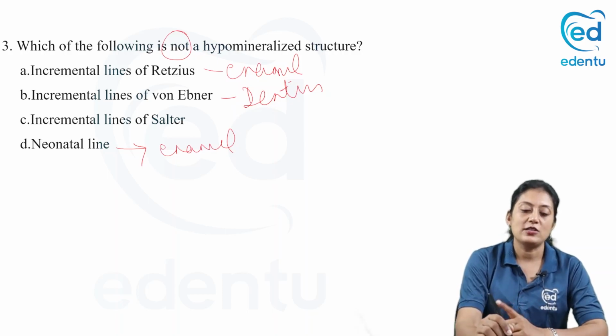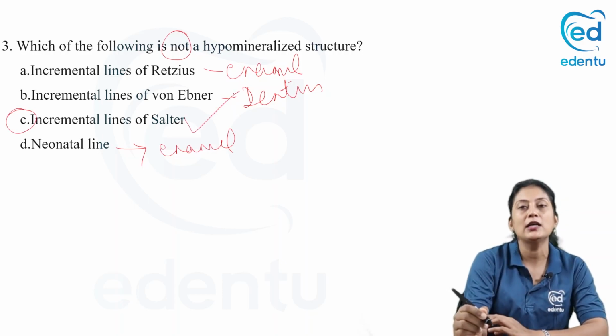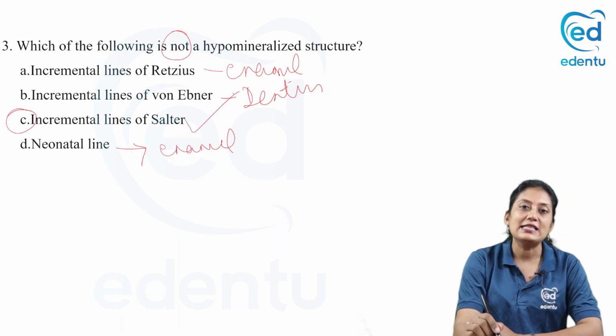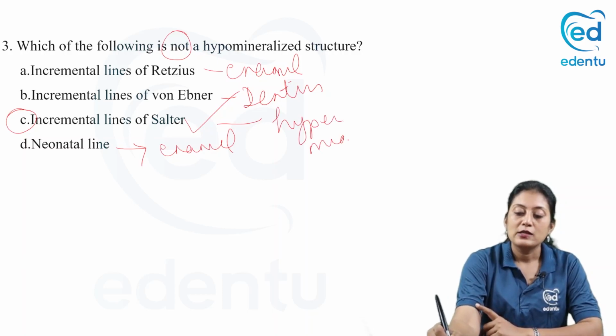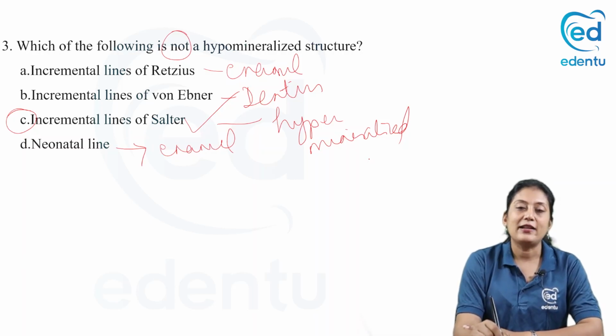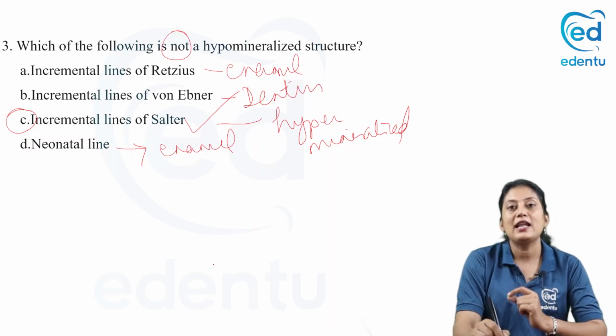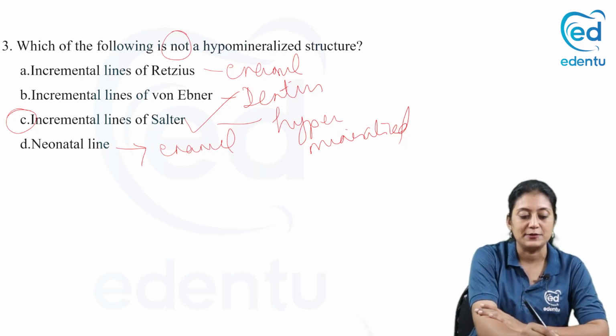The only structure that is not hypomineralized is the incremental line of Salter, seen in cementum, because it is hypermineralized. That is how it is different from other incremental lines. So that is the right answer.